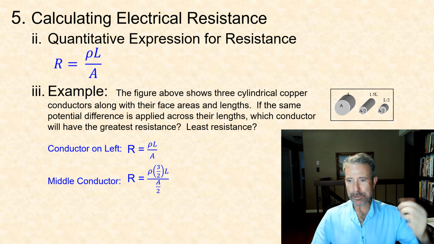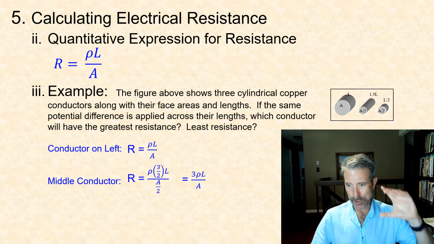When we plug in our expression for length, 1.5 times L or 3/2 times L, A over 2 for a cross-sectional area, and we do the simplification here, we find out that the resistance can be written in a simplified form as 3 times rho L over A. Notice then that the middle conductor has 3 times the resistance of the conductor on the left.